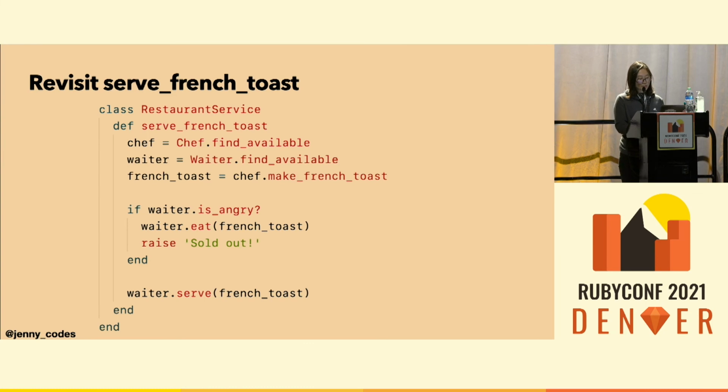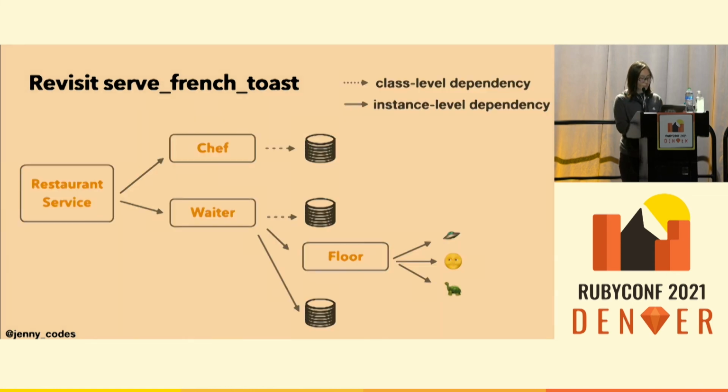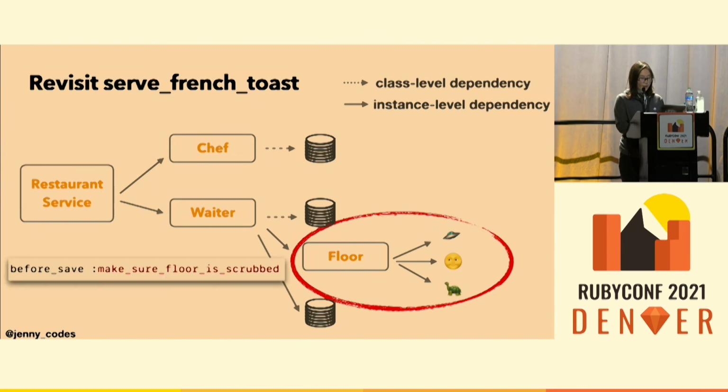For this, we will look back to our first example, the serve French toast. Remember, it was hard to write the integration test for it because flow has a lot of dependencies. And those dependencies are hidden inside the before save callback in the waiter's class.